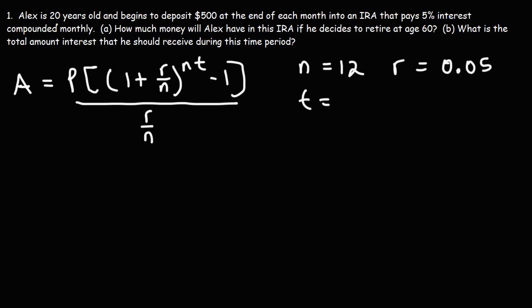He begins to make the deposits when he's 20 years old, and he's going to continue until age 60, so he's going to do this for 40 years. So T is 40. Now the last thing we need to know is P. In this problem, P is the deposit that he makes at the end of each month. So P is 500.